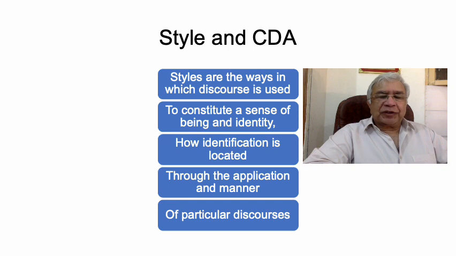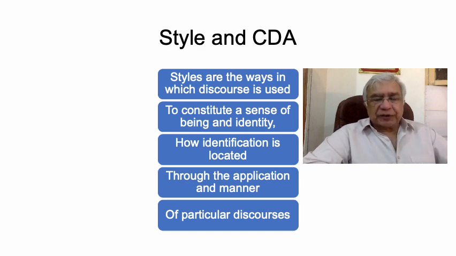Then comes the style, which is very important with respect to the understanding of CDA. Styles are the ways in which discourse is used to constitute a sense of being, an identity, and how identification is located. I mean the identity of the person who is delivering the discourse, and of the audience that person imagines. Accordingly, identity is developed through the application and manner of particular discourses, and for this purpose particular discourses are developed.